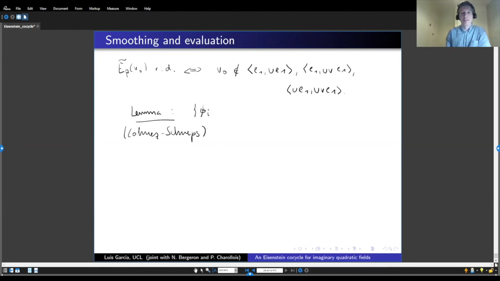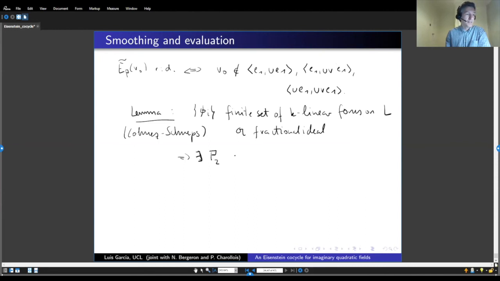If you have a finite set of k-linear forms on L, and you fix some fractional ideal, you can always find a prime P, which will be our P2, such that phi I is non-vanishing on any of these cosets where L belongs to this.